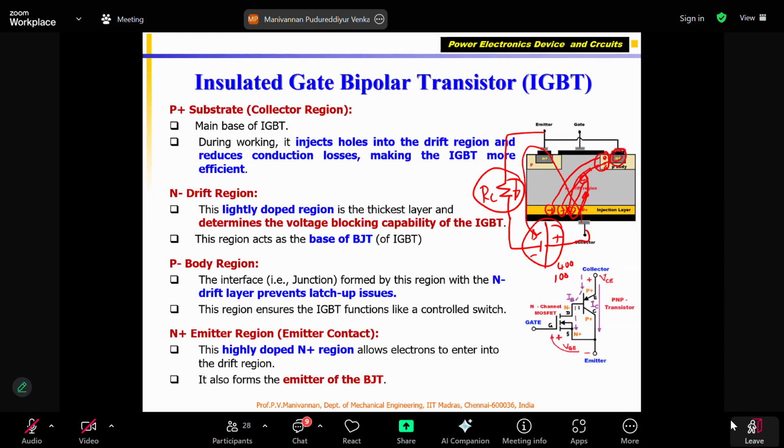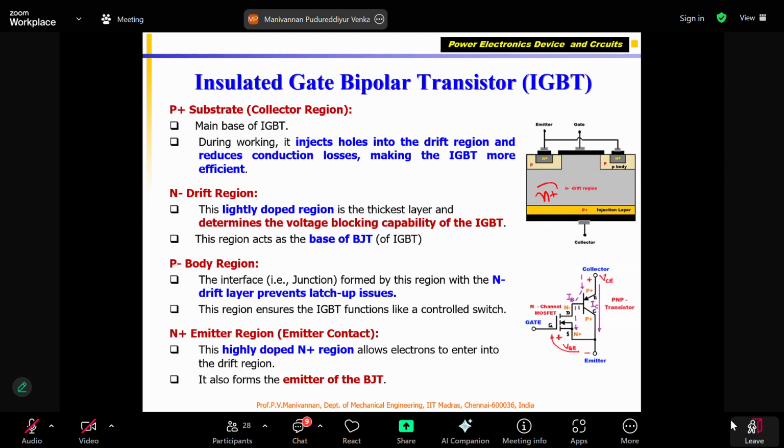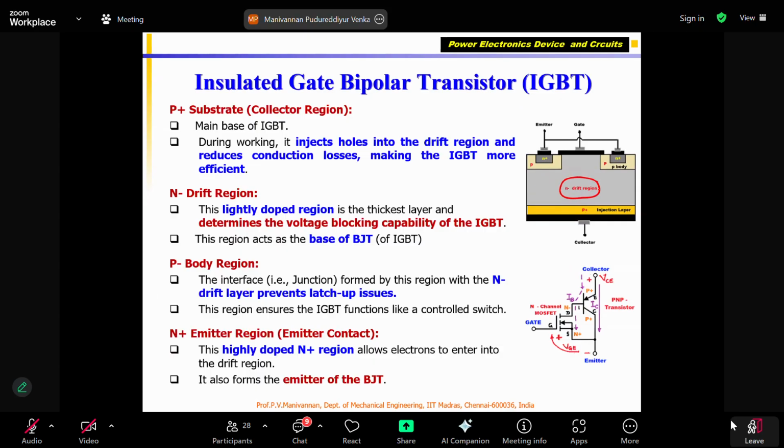If the drift region is highly doped, for example N plus, the holes entering will all be recombined here and current flow will not happen. That is why they have a lightly doped N region, called the drift region, and injection will happen here.